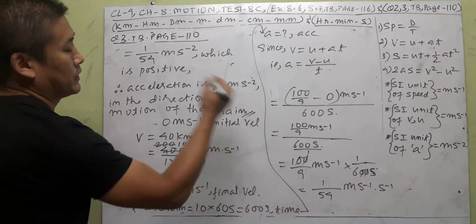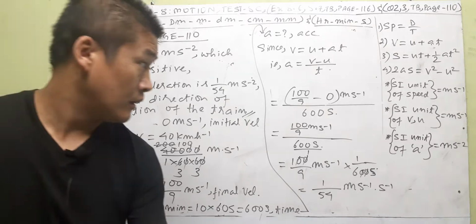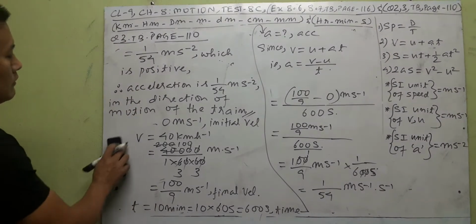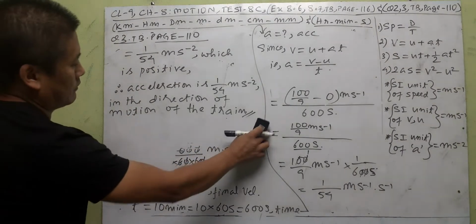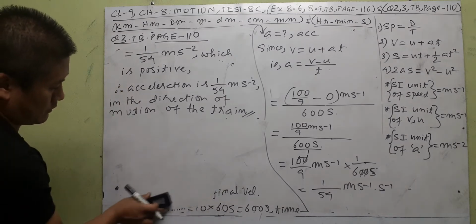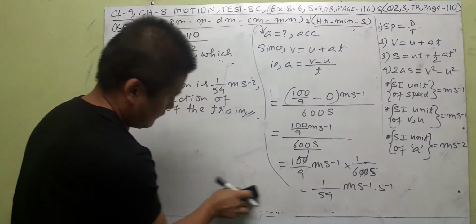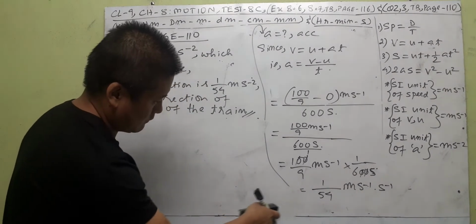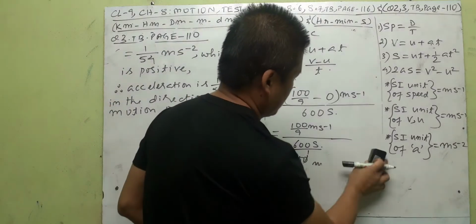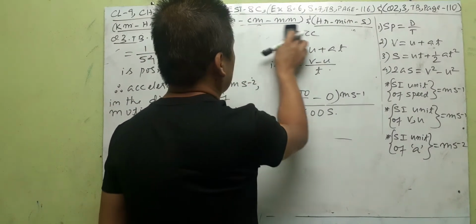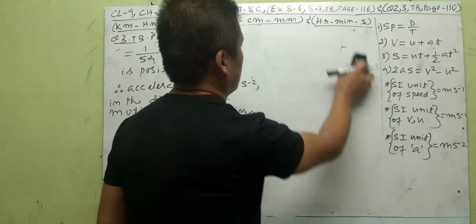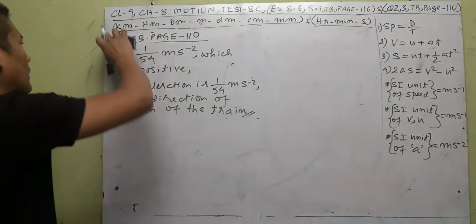So that's how you can write your final answer if you want. Okay, so 2 and 3 done. This is your final answer. Two and 3 done.